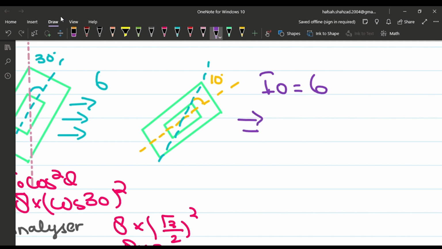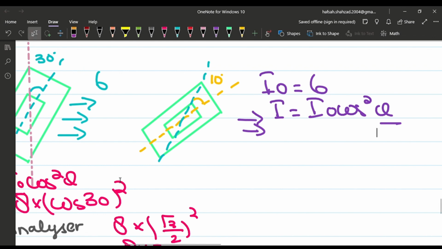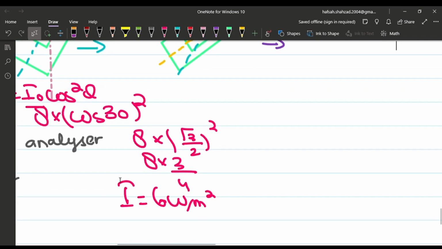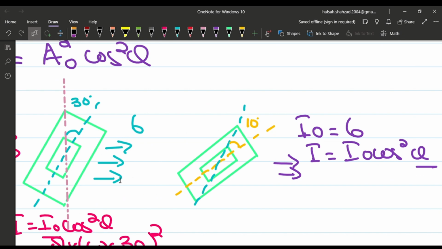So it's I naught cos square theta. Now what is the theta over here? Theta, as I mentioned in my definition of angle, is the angle between the light and the transmission axis of that polarizer. The light that was coming off from this polarizer was oriented with respect to the blue line that I've drawn over here, because that was the transmission axis. So the light that would come off from this polarizer would obviously be in that direction.